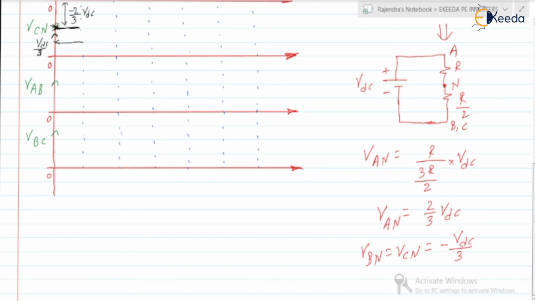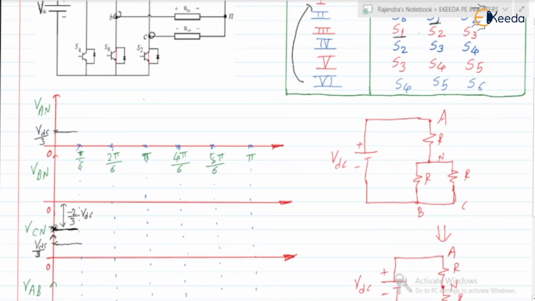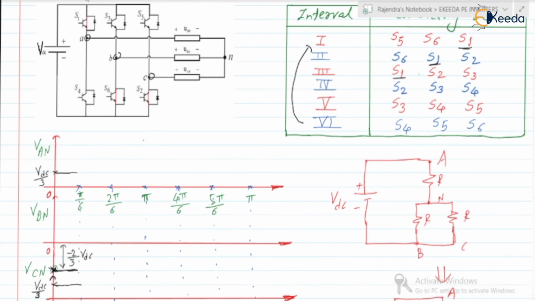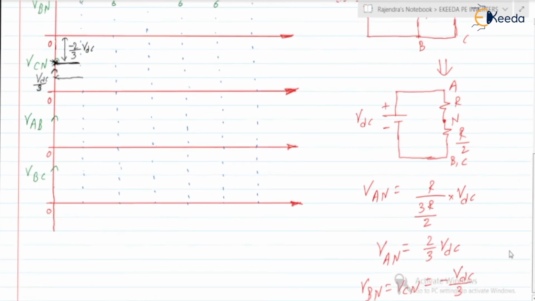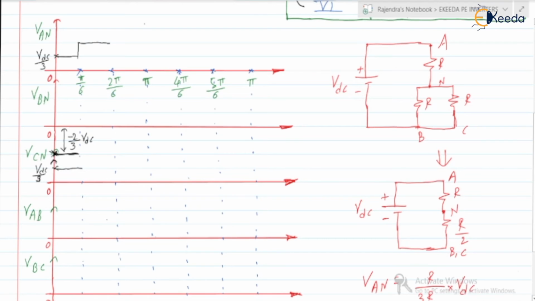So from this we can write VAN is 2 by 3 VDC. So this full step is of 2 by 3. Next, the remaining 2, VBN and VCN, are minus VDC by 3.